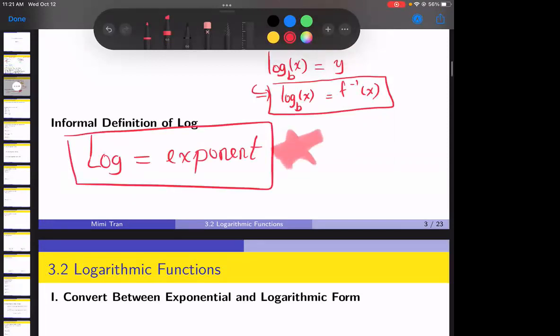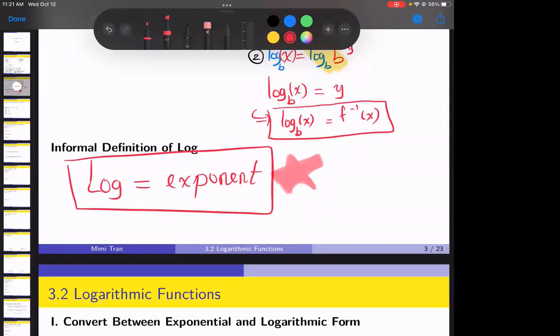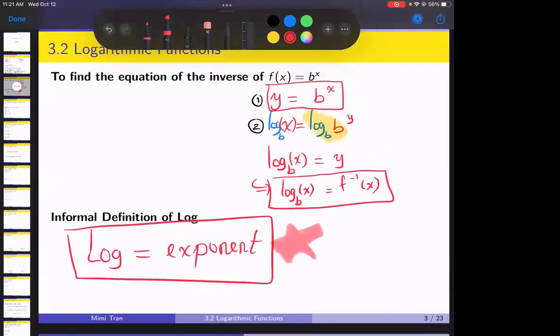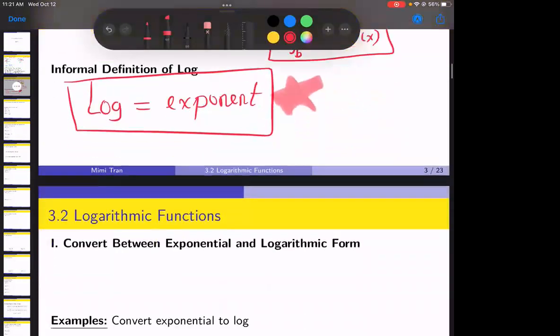It would help you solve anything, or at least like 80% of it. Which makes sense. If you look back, log equals y, well, y is the exponent. So log equals exponent. Remember that one.